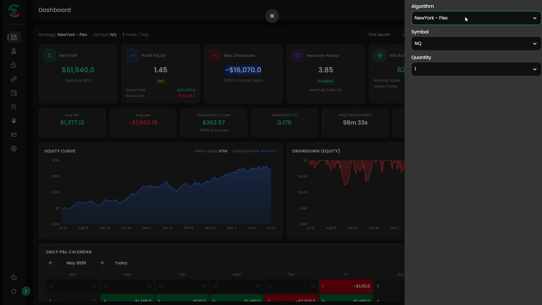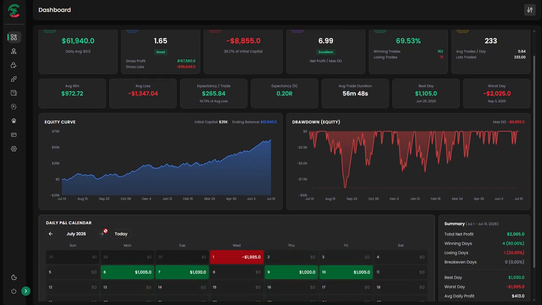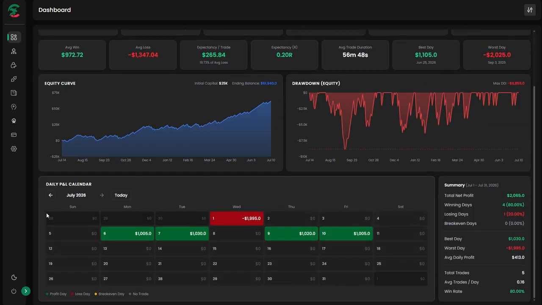So, yep, this is for New York Flex, New York Medium. You can see New York Medium again. What you see on the bottom is for 1 month worth of data, and this is data KPI indicators respective to this month's data.